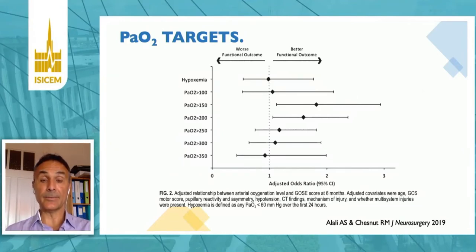This study is interesting and actually surprising, because they found that a threshold of, let's call it, moderate hyperoxemia, so PaO2 between 150 and 200, not exceeding FiO2 above 60, was associated after adjustment with a better functional outcome.